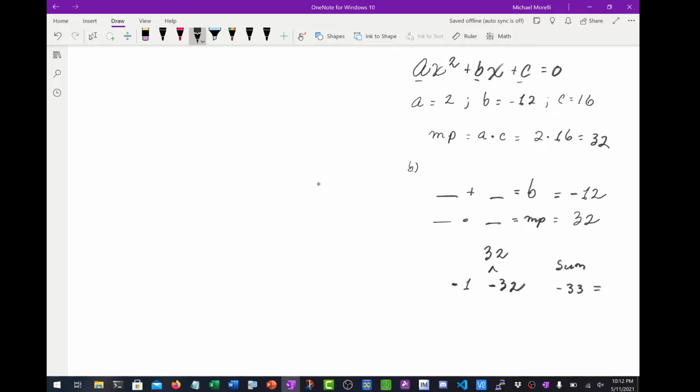So because that's not equal to negative 12, we discard this set and we come up with two more factors. Let's try negative 2 and negative 16. So those multiply together to be positive 32. But when I add them, I get negative 18. And that is not equal to negative 12.